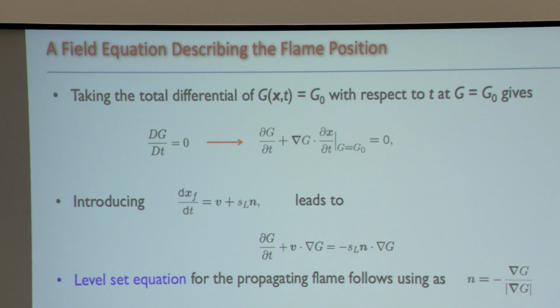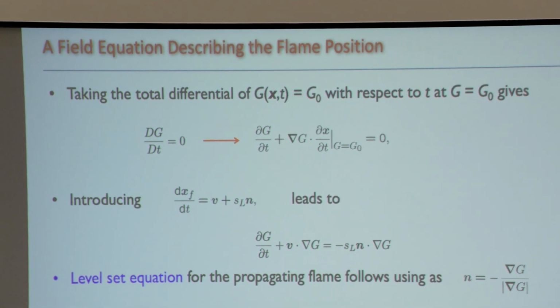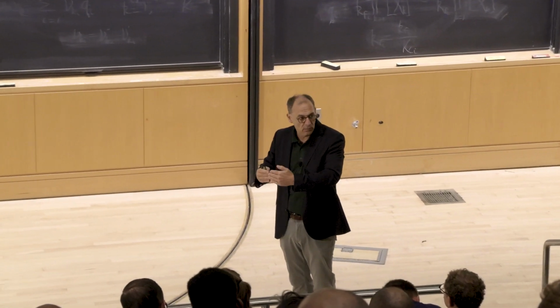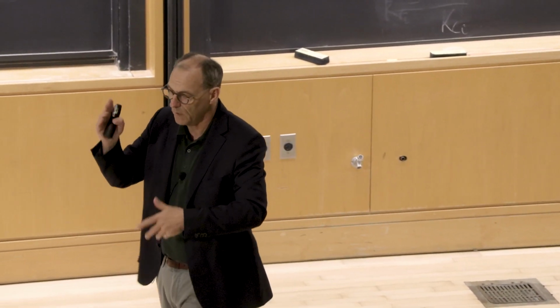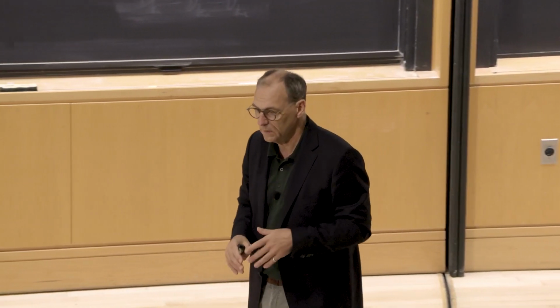So if I solve this equation, it will always tell me correctly where the location G equal to 0 is, which is where the flame is, but everything else is wrong. And it might be multi-valued and it might be numerically difficult.